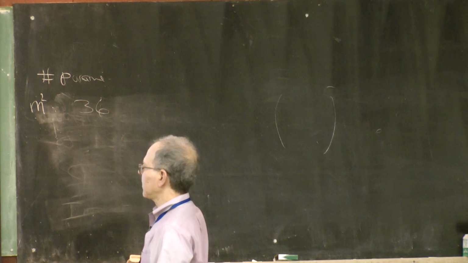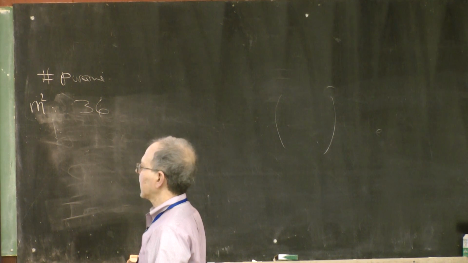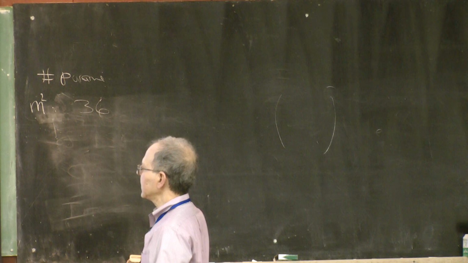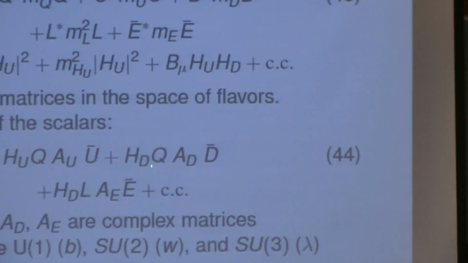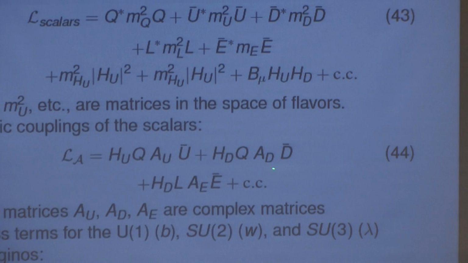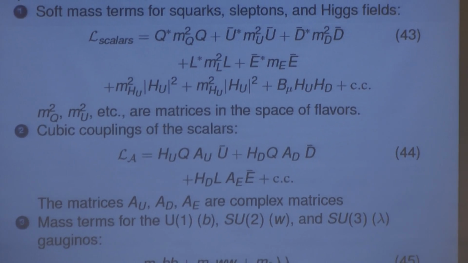Okay, we have cubic couplings of the scalars. These are allowed. So we have q, hu, u bar; q, hd, d bar; and each of these are 3x3 complex matrices, otherwise unrestricted. So there are 18 parameters in each of these matrices. So we have 9, 9, 9.